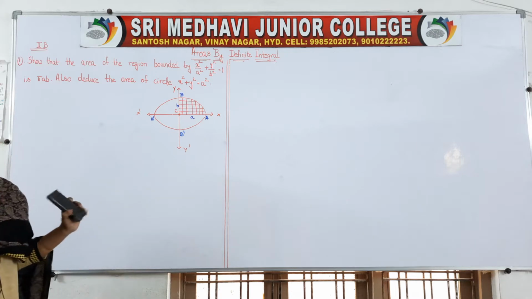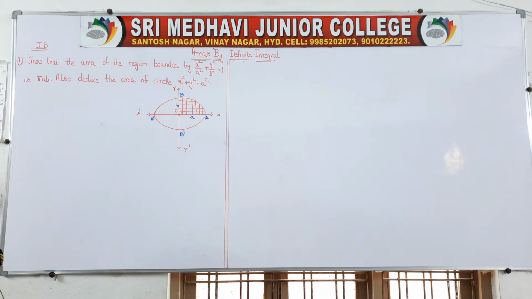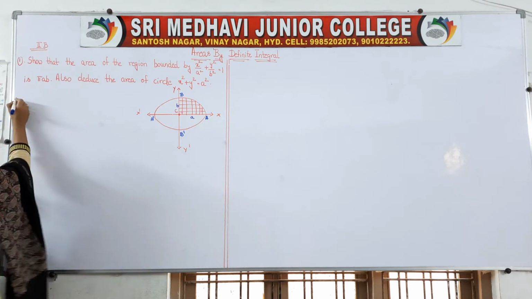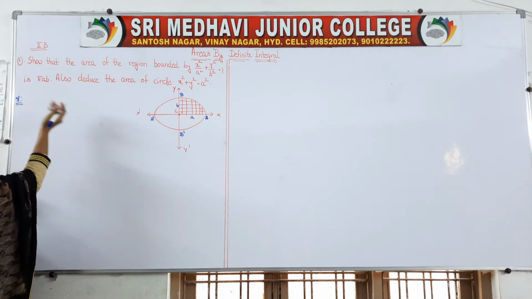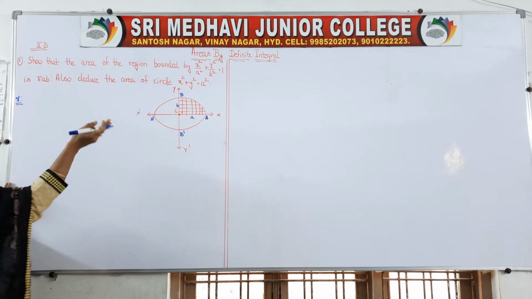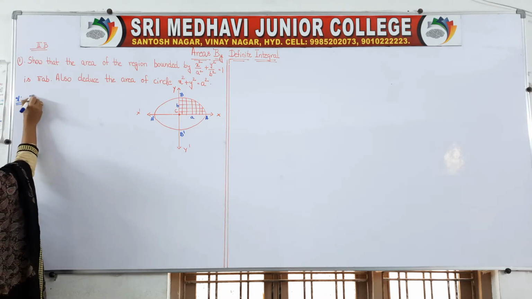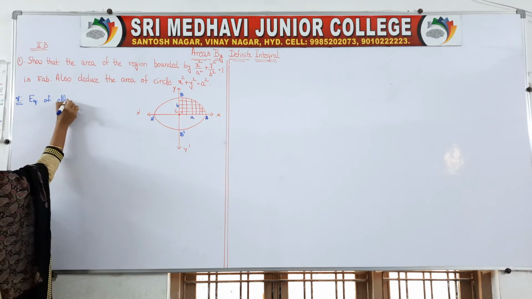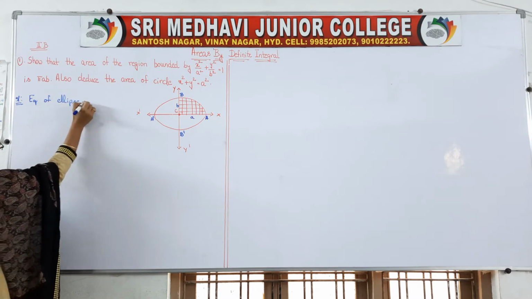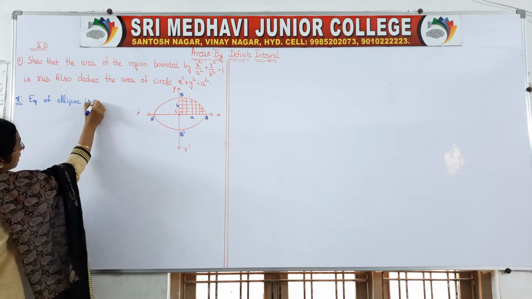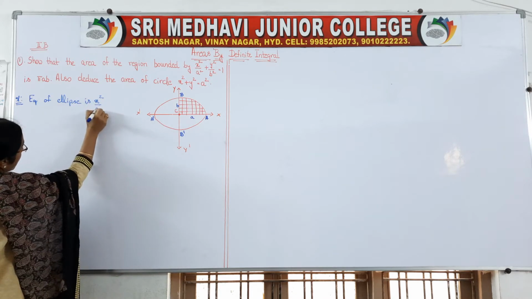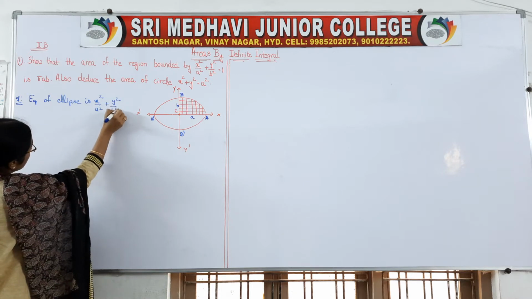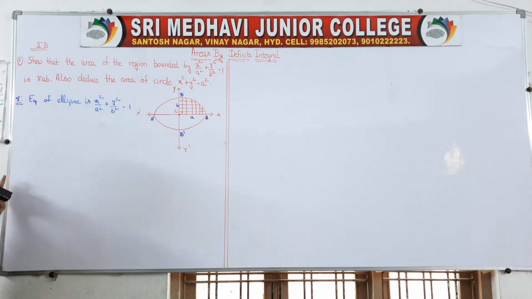Okay, so first, what is the given ellipse equation? Solution: the curve equation is, here the curve is an ellipse, right? So the equation of the ellipse is x square by a square plus y square by b square is equal to 1.